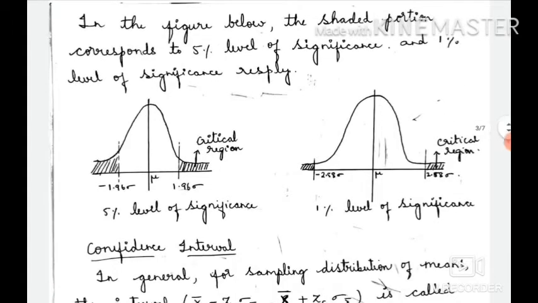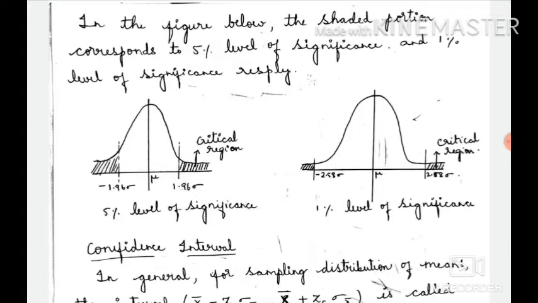Here in the first case, the acceptance region or the confidence level covers 95% and it ranges from minus 1.96 to plus 1.96. The remaining shaded area becomes the critical region or the level of significance.